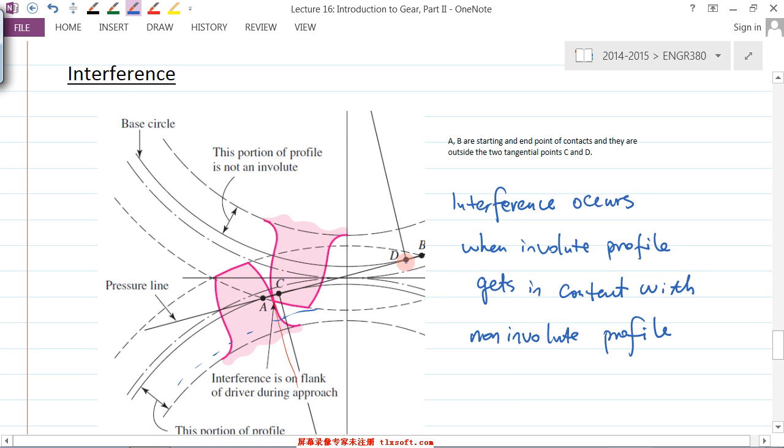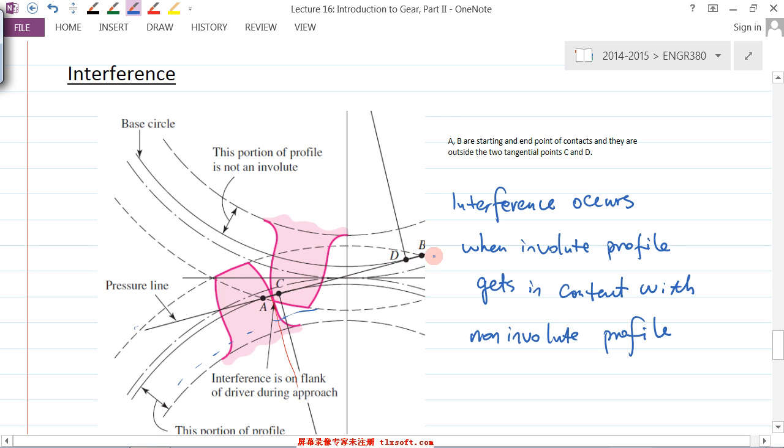The C and the D represent the tangential points. These are the base circles, and CD are the tangential points between the pressure line and the two base circles. Now, if you want to have no interference, the starting point and end point of this engagement have to be within the CD location.